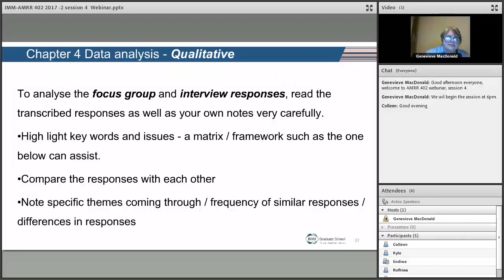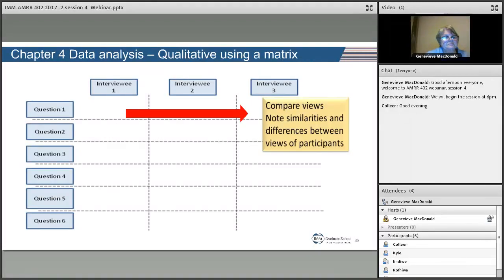Then compare the responses with each other, but also note the frequency of similar responses or differences in responses. Say for instance, I've got questions 1 to 6, I've got 3 interviewees. When I analyze the data, I can put the key themes and key words and thoughts for question 1 in this matrix, and then I can compare them. If there are similarities, differences, or if there is even a new theme coming through.